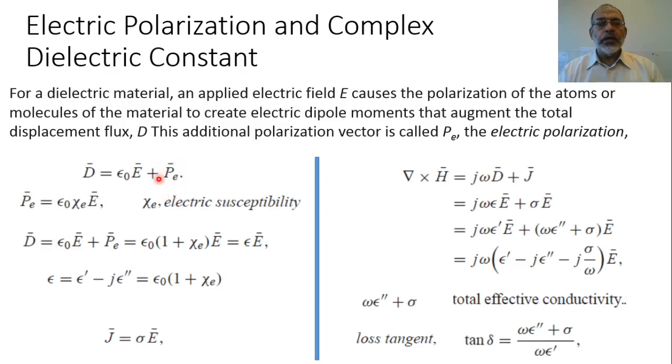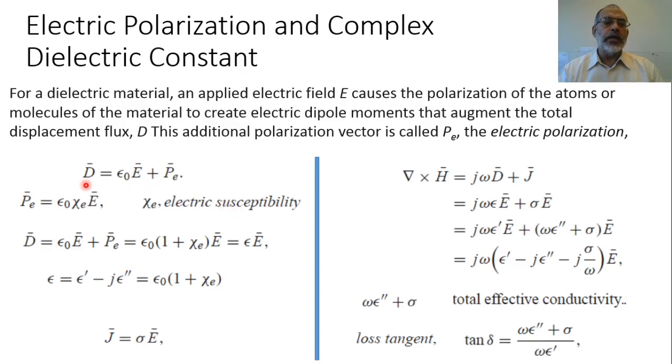The polarization inside the material, if I'm talking about a linear material, is proportional to the applied electric field. And the proportionality factor in this case equals xi multiplied by epsilon naught, where epsilon naught is the permittivity of the free space, and xi here is known as the electric susceptibility of the material.